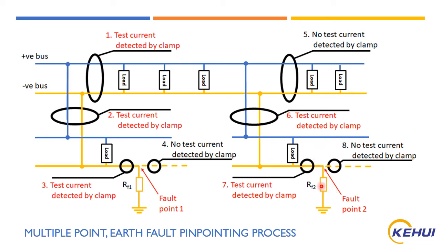So if you consider there are multiple faults, this is the same situation where you go on clamping each and every feeder, identify the faulty feeders, which give a clear indication of the measured leakage current and the waveform until you reach the fault point.